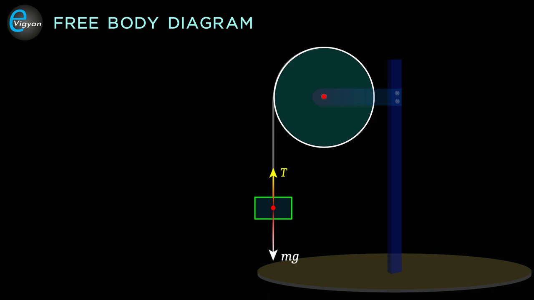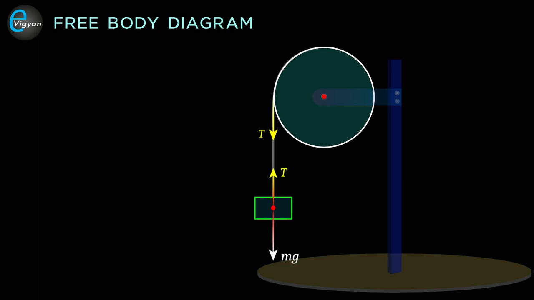Since in this case the cylinder has only rotational motion, there is only one force that is responsible for the rotation of the cylinder, and that force is the tension in the string. So we will draw only the tension force here, represented by an arrow pointing down. Now what about the acceleration of the blocks?